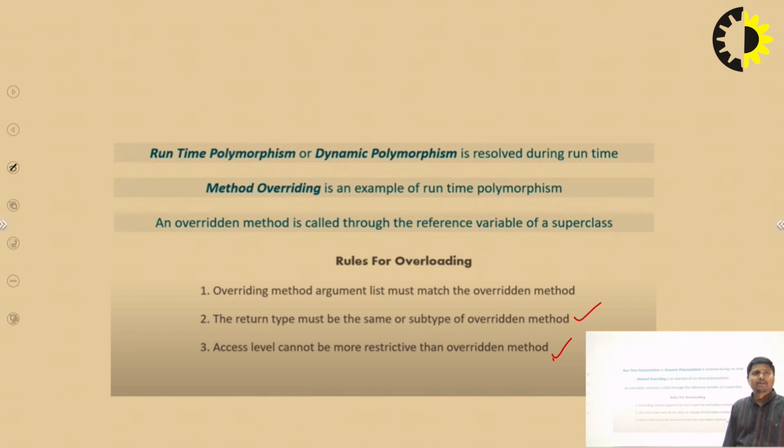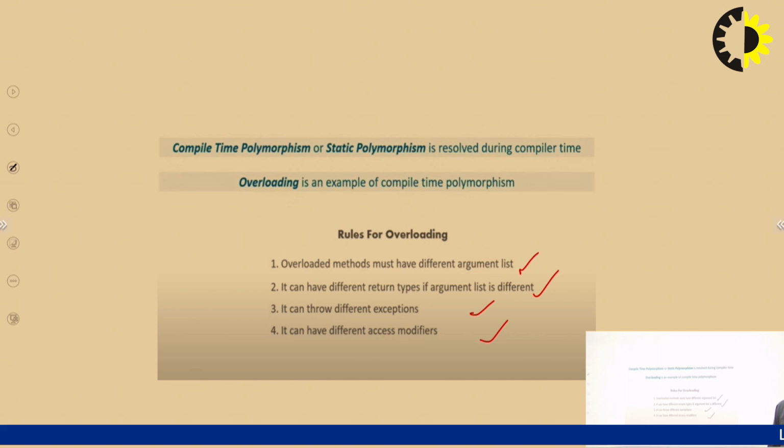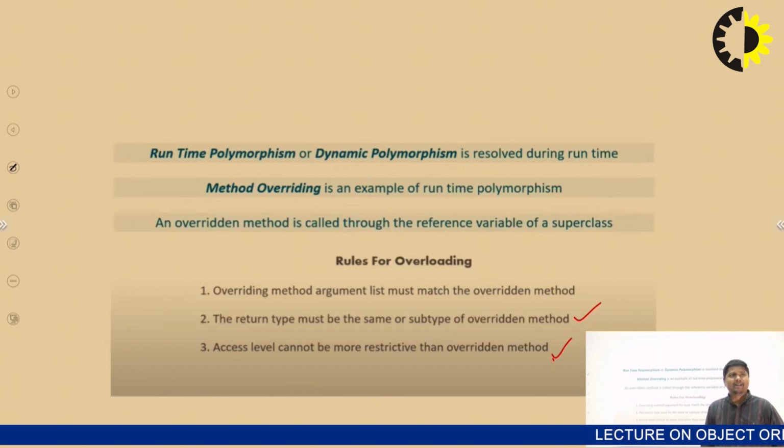Another main difference between them: inheritance is not involved in compile time polymorphism, but in runtime polymorphism inheritance is involved.